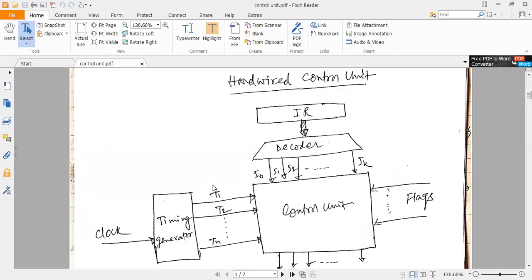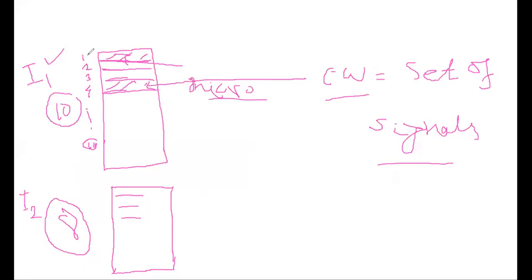So for I0, T1. Go to the whiteboard. For the first micro operation maybe T1, for the second micro operation T2, T3, T4, and likewise up to T10.